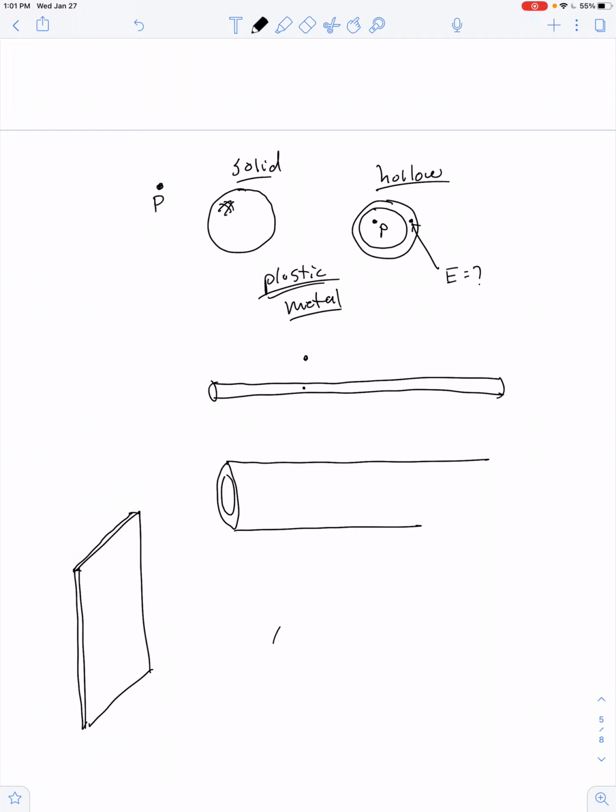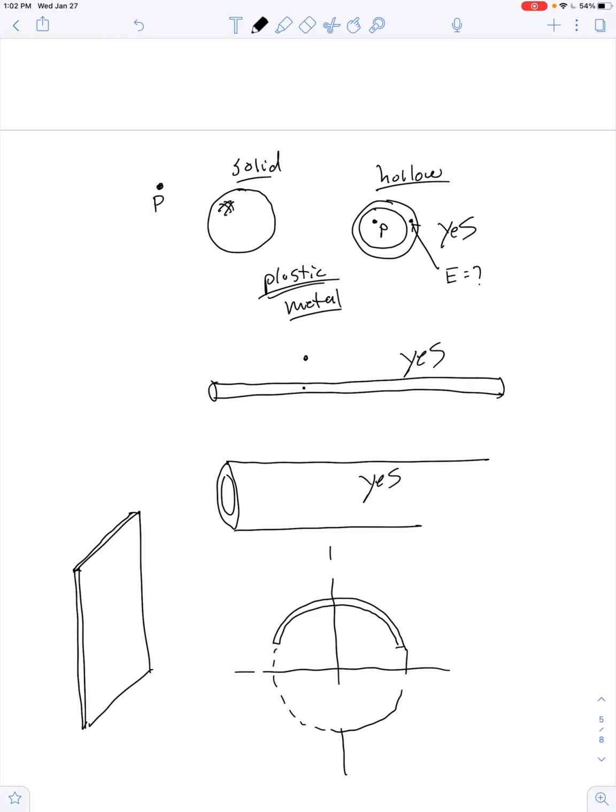I don't think we can use Gauss's law to figure out what the electric field would be for this charged rod. It's just a portion of a circular arc. So, yes to Gauss's law, yes, yes, yes, no. And I know what you might be thinking, why can't I just make a Gaussian surface that's a larger bent cylinder like this?